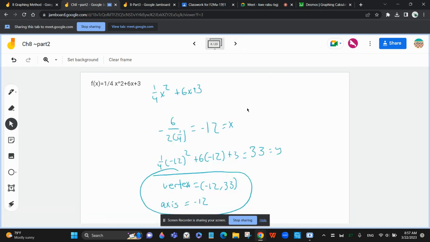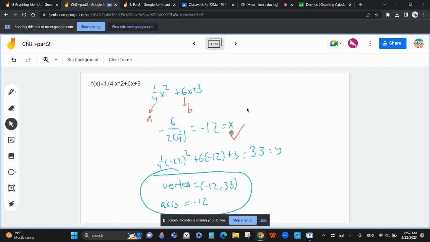Okay, negative b over 2a. So this one is a, this one is b. So negative b over 2a, we get negative 12.